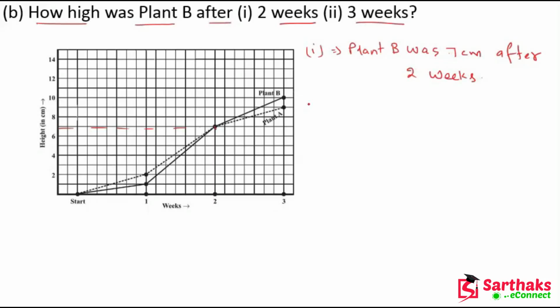Now in the second part, it is 10 centimeter after 3 weeks. We can write plant B was 10 centimeter after 3 weeks.